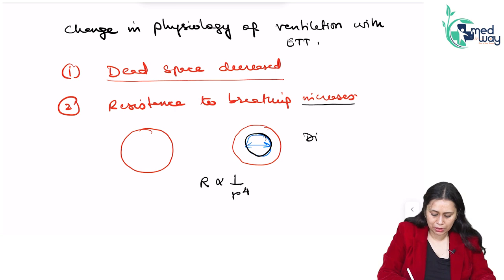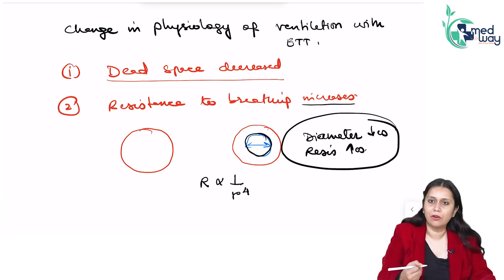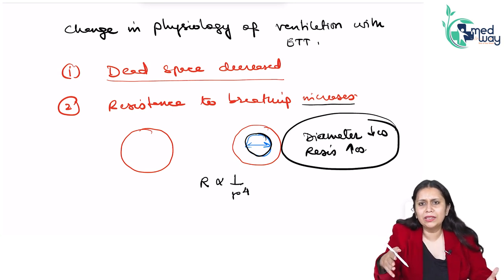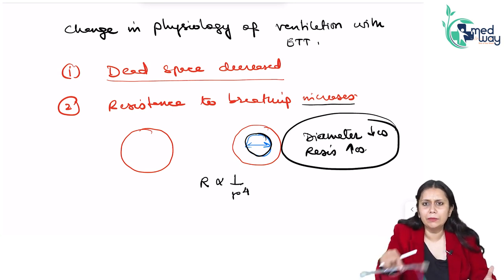So diameter decreases, resistance increases. This is the main reason for the increase in resistance. If the length of the tube is more, then also resistance increases. But normally all adult tubes are of the same length. It is the diameter which varies. In pediatrics, the length also matters, so normally we cut the tube.